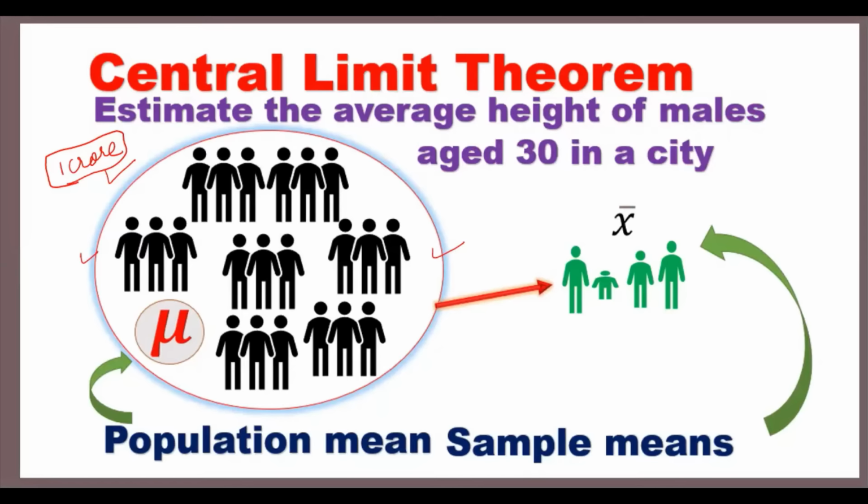So it's almost impossible to reach each and every one and find their heights and then find their mean height. Mathematically, calculating the mean height for all is very difficult. In many cases, it's not possible.